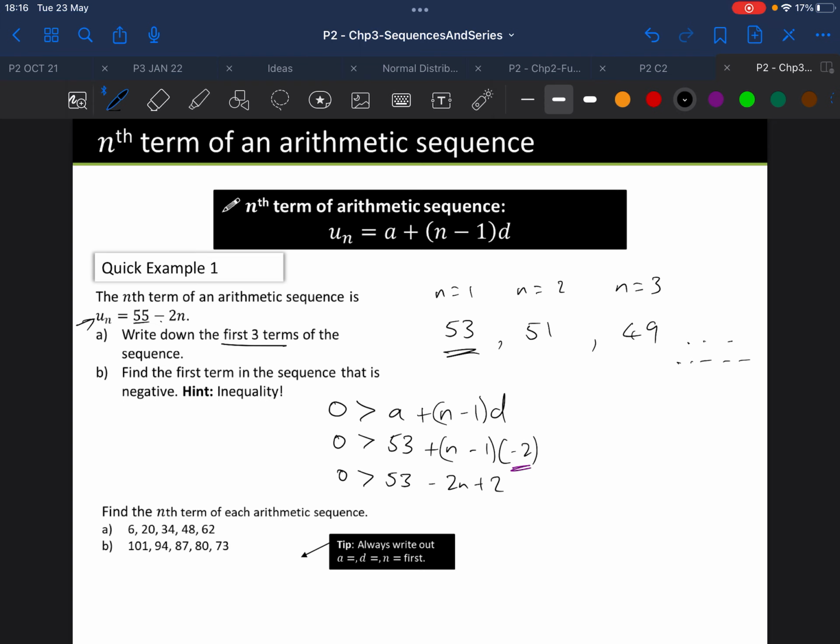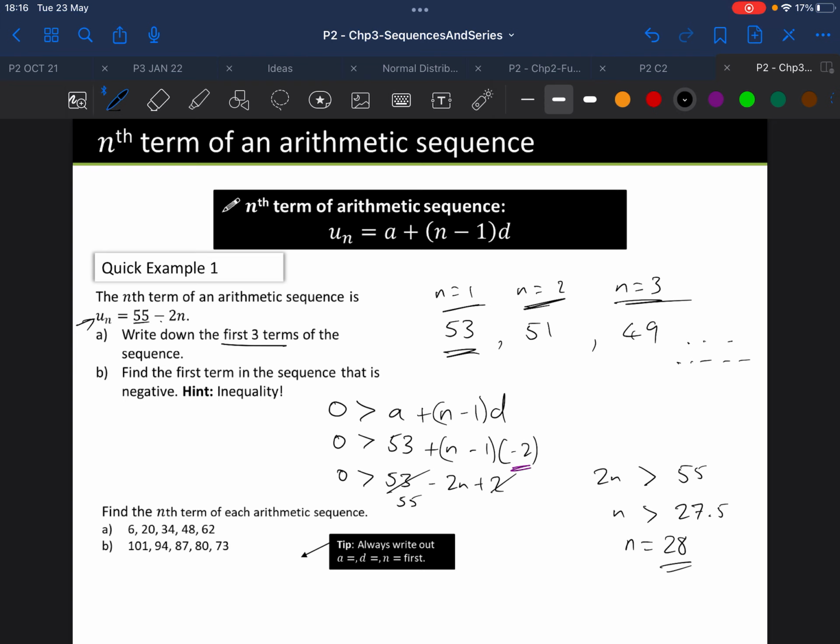So if you simplify that to 55, if you move the 2n to the side, so 2n is greater than 55, n is greater than 27.5. So you can't have fractions, okay, because positions have to be whole numbers. So the 28th term will be the first term that is not a negative number.